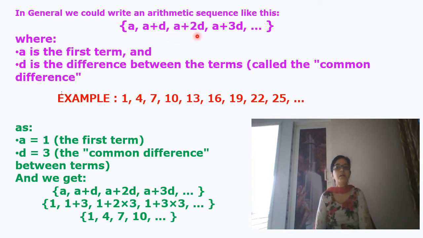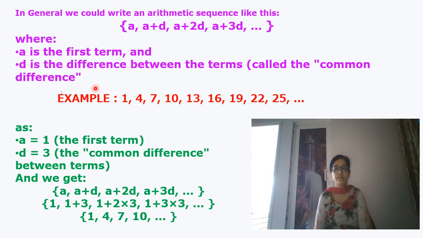We get the third term A plus 2D. Further, on adding the common difference D to the third term, that is A plus 2D plus D, is equal to A plus 3D. We are getting the fourth term. Now, what does this A imply? A is the first term, D is the common difference in this sequence.